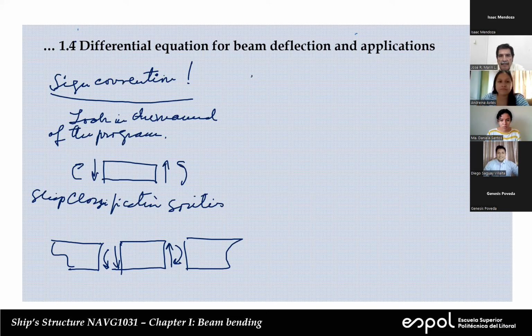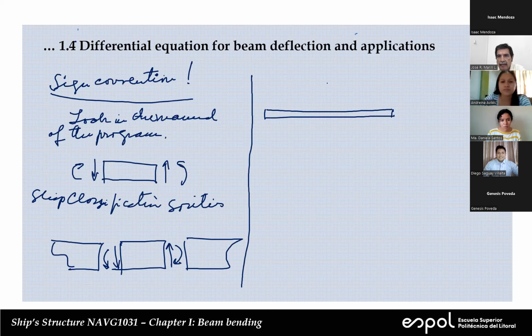Please, for the calculation of the inertia, when you have inclined rectangles like this, you can say that I have 1, 2, 3, and 4 elements. This is 1, this is 2, this is 3, and this is 4.